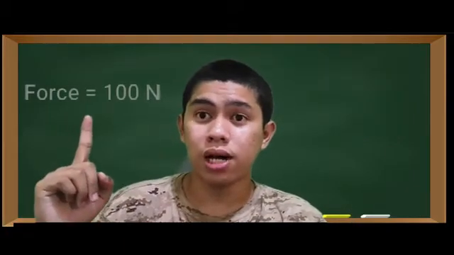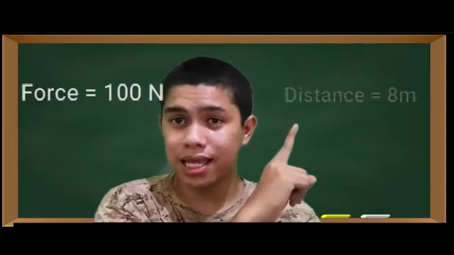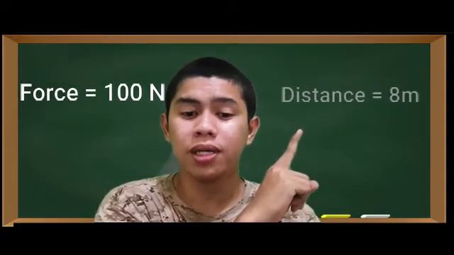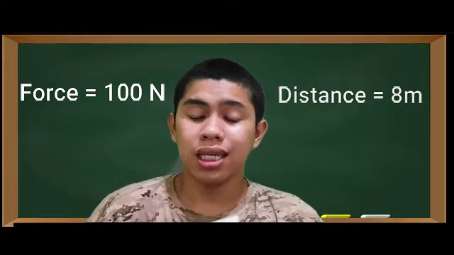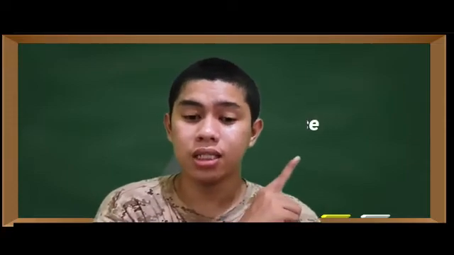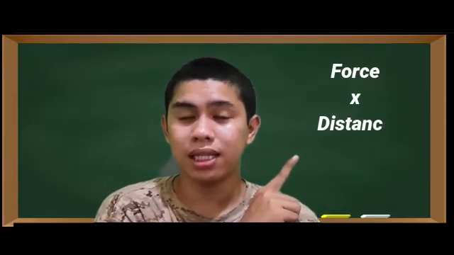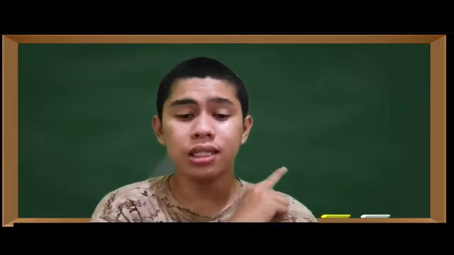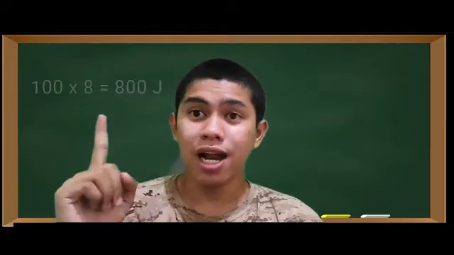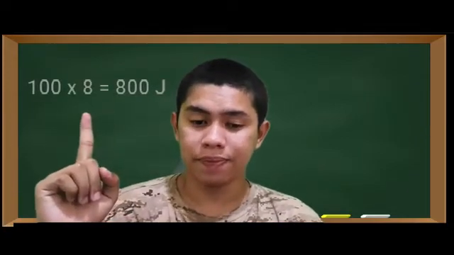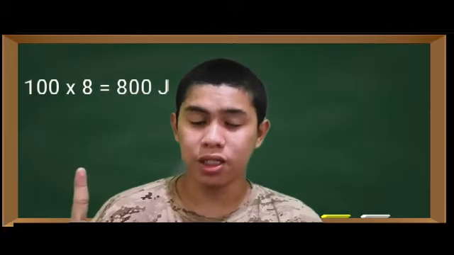We know that force is equal to 100 newtons and the distance is equal to 8 meters. Since force and displacement are in the same direction, the formula is just force multiplied by the distance. It is equal to 100 times 8, and the answer is 800 joules.